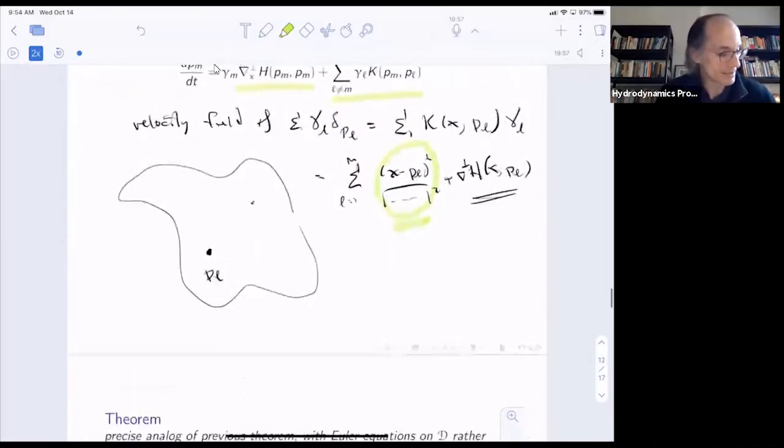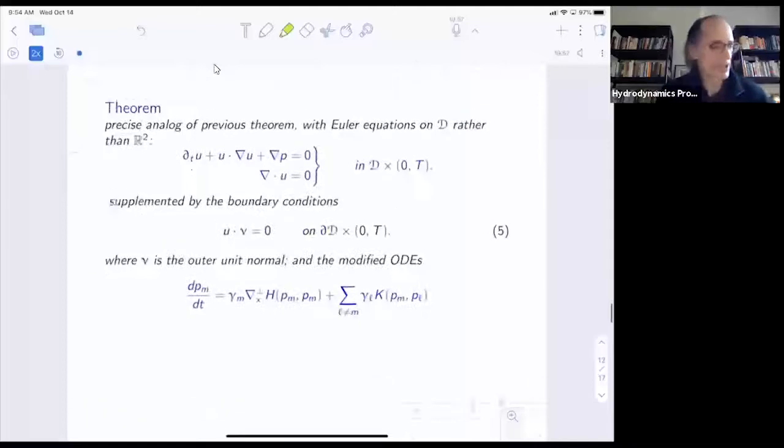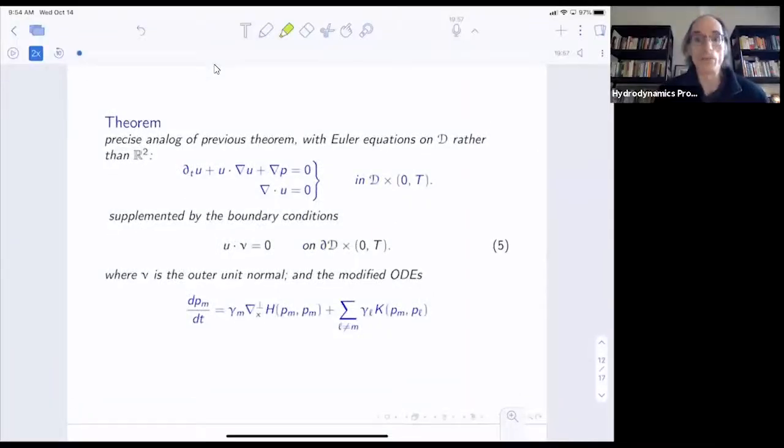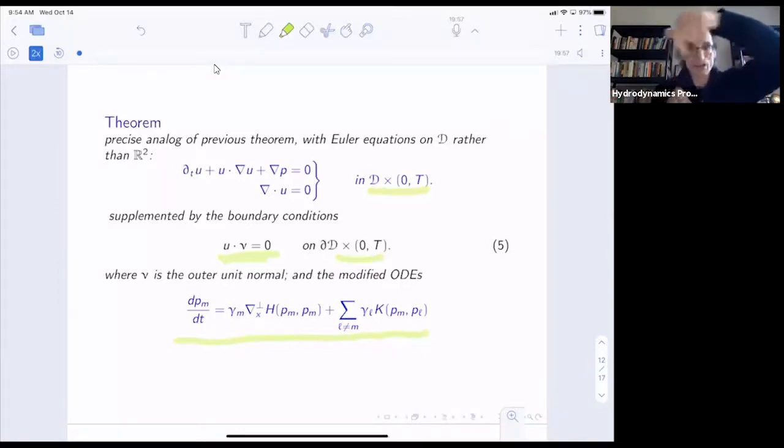And there's a theorem, which is a precise analog of the previous theorem. I consider the Euler equations on the domain with the boundary condition. This is the new element. And then I replace the ODE from before by this modified system of ODEs, for which I've just given a very crude heuristic argument: we look at the flow generated by everyone, and the part that's singular but purely rotational around any vortex isn't going to move anywhere, so we can ignore that.